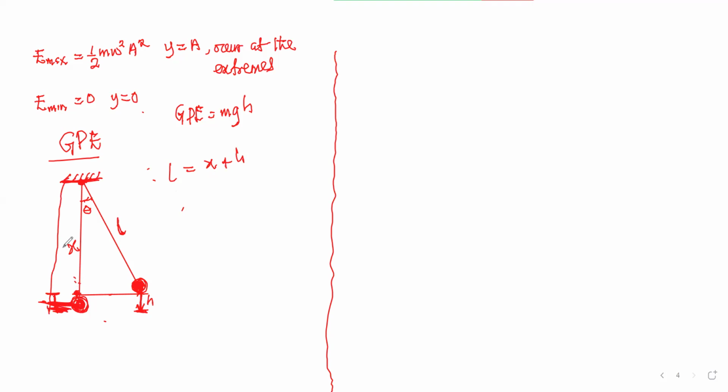So the side adjacent to the angle, which is x, plus that small height h, must be equal to the length. But this side is perpendicular to this, so if we take the cosine of the angle, cos theta would give us x divided by L. So x will be equal to L cos theta.